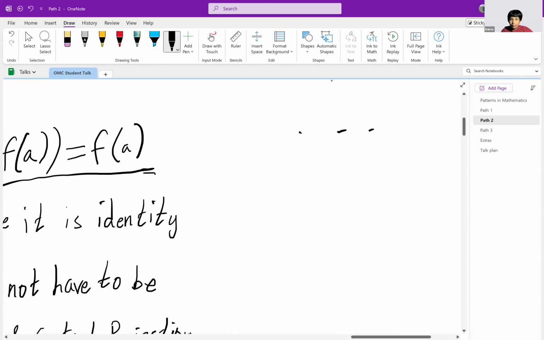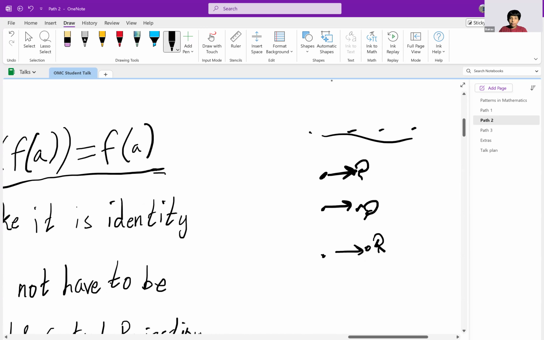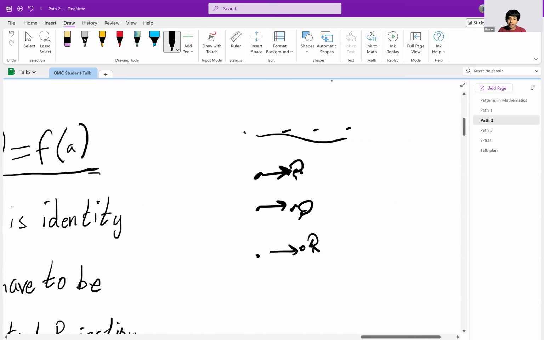So, for example, if we have, say, these four things, and then this goes to here, this goes to here, this goes to itself, this goes to itself. Say something like this. Then even though it looks like it should be identity, it could be that all of these go here to these points which are themselves fixed.